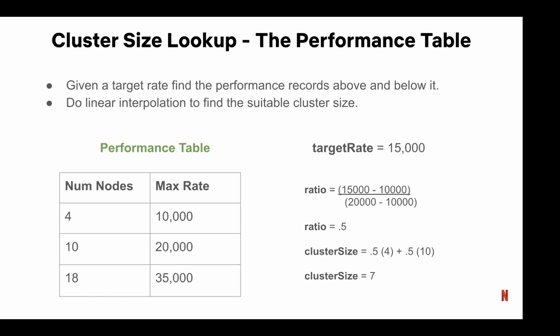And we can see that the target rate we want the router to be able to handle is 15,000, and 15,000 is in between 10,000 and 20,000 in the performance table. So we can do linear interpolation on the cluster sizes and compute a cluster size of 7. So that means a 7-node router will be able to handle the target event rate of 15,000.